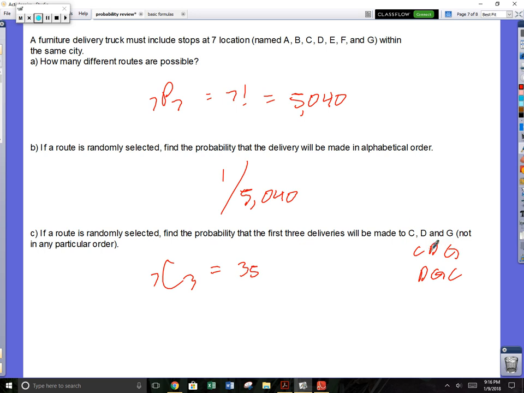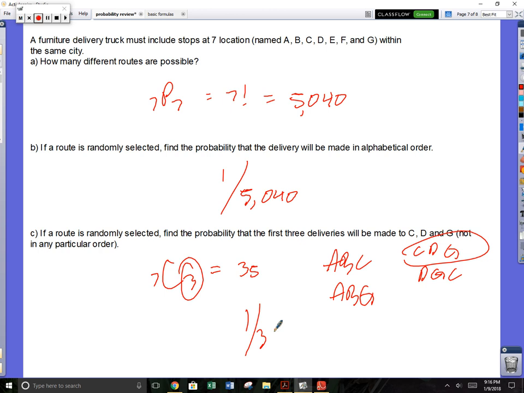But 3 letters, that could be A, B, C. Could be A, B, G. I mean, of those 35 options or combinations, only one of the combinations is going to be using those 3 letters that I want.